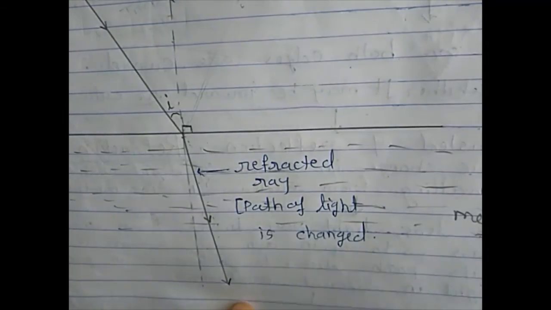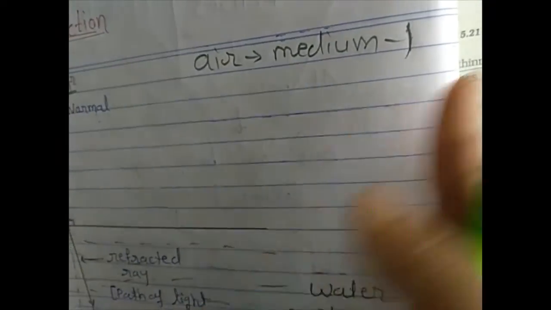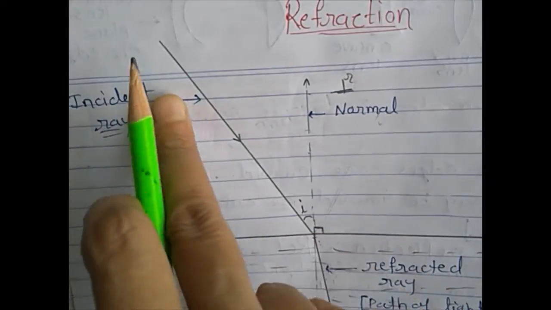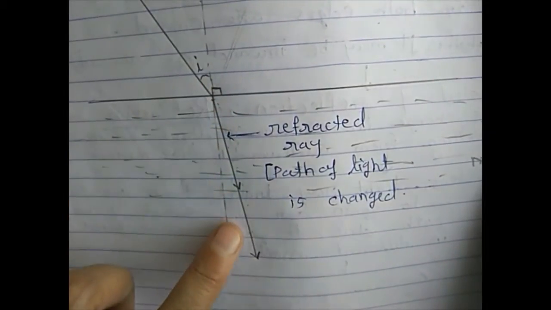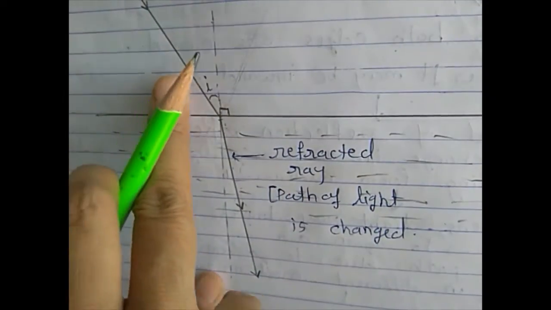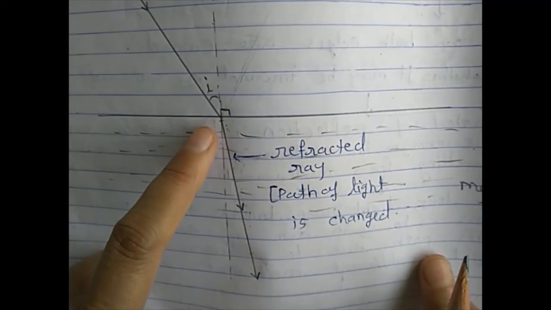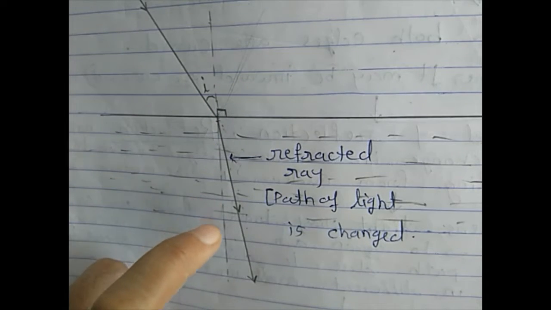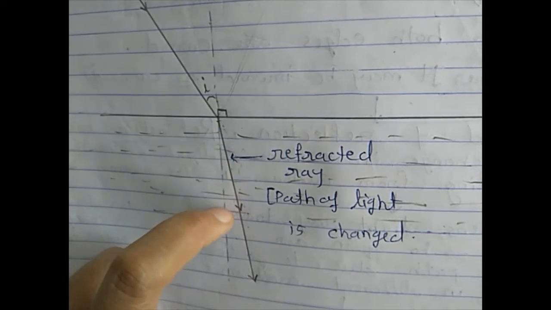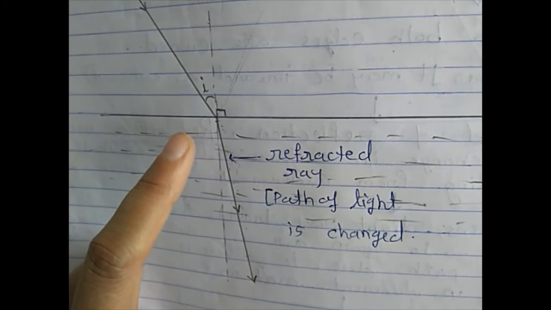Okay, so what is meant by refraction, did you understand that? When light travels from one medium to another medium, there is a change in speed of light, so that the light changes its path, and that changed path of the light ray is called refraction.